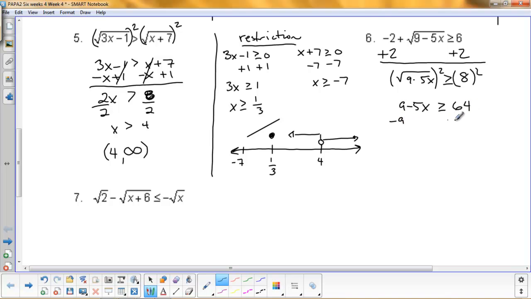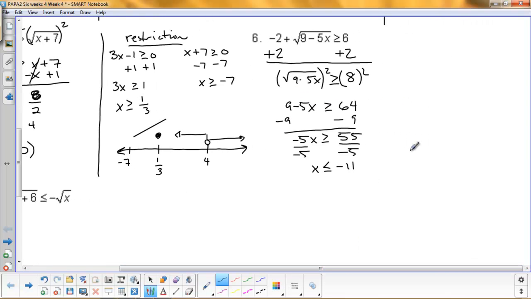Subtract 9. Negative 5x greater than or equal to 55. Divide by negative 5. X is less than or equal to negative 11. Please note we made a sign change because we divided by a negative.